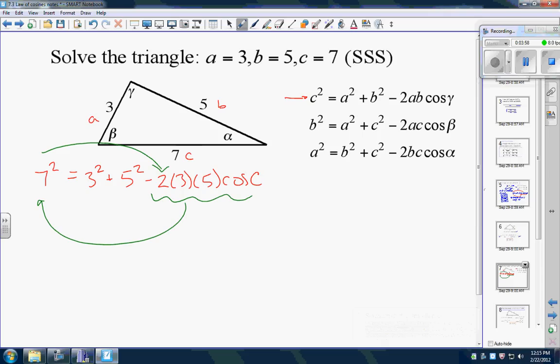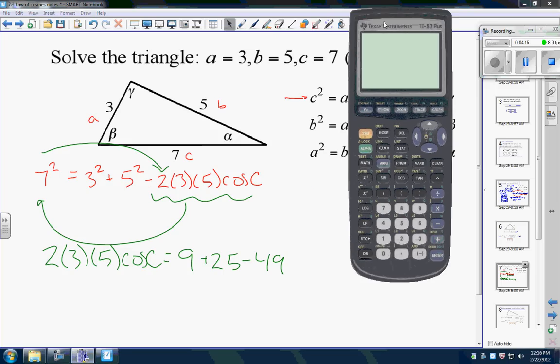I'm going to take the 49 and swing it to this side as well. Make sure this guy gets divided by these all in a parenthesis here.